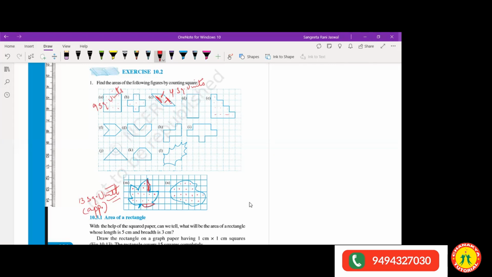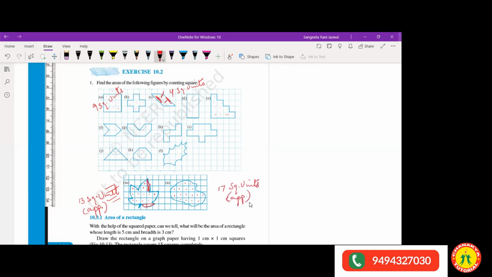All those where it is less than the square area, we will ignore. So how many dots are there? 1, 2, 3, 4, 5, 6, 7, 8, 9, 10, 11, 12, 13, 14, 15, 16, 17. So this becomes 17 square units, approximately.